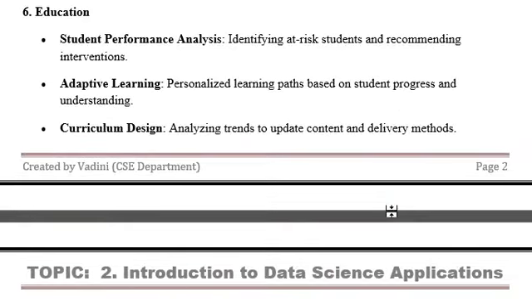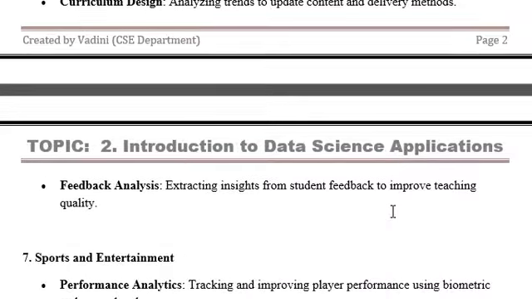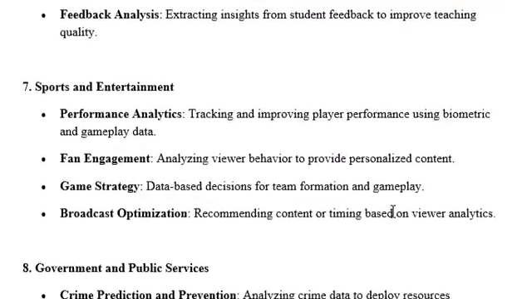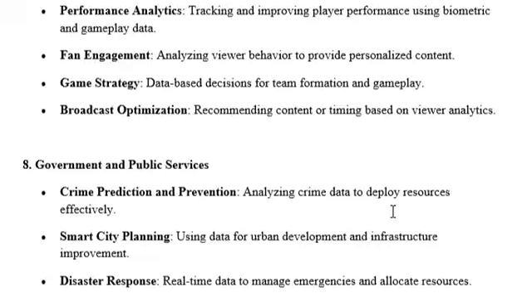Then in the education sector, data science is used to analyze student performance, adaptive learning, curriculum design, and feedback analysis. Then we have sports and entertainment, where performance analytics, fan engagement, game strategy, and broadcast optimization.